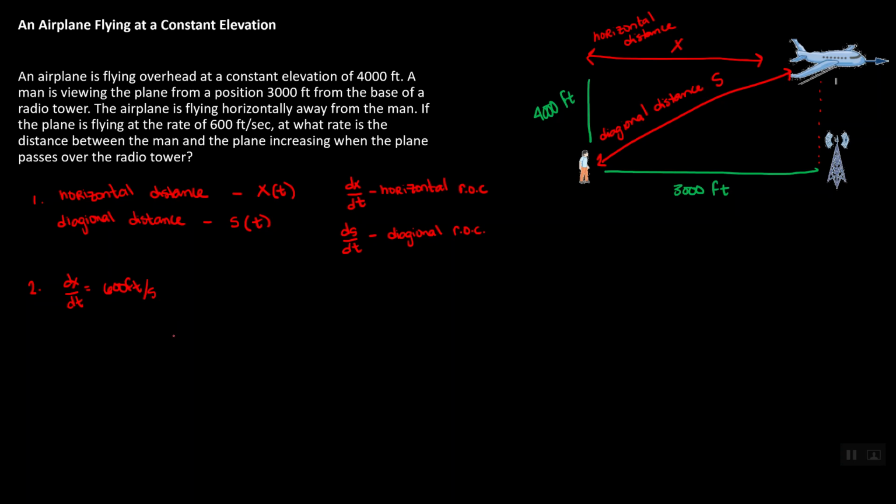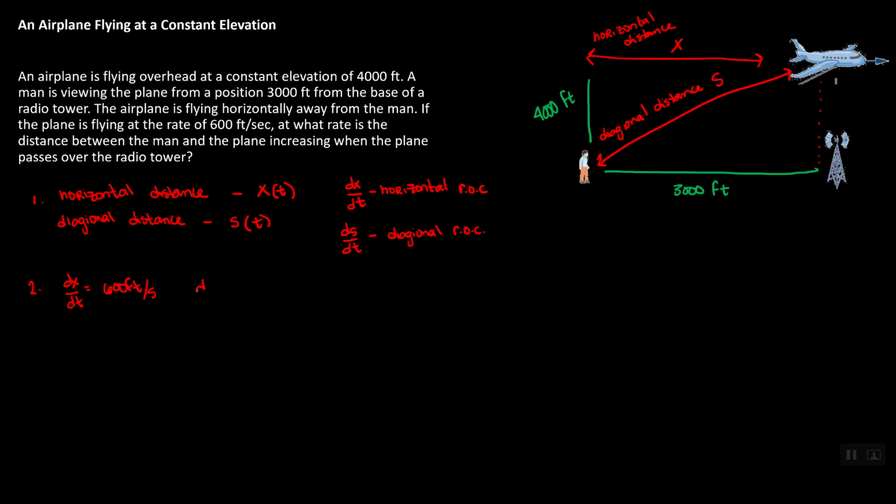We're asked, at what rate is the distance between the man and the plane increasing when the plane passes over the radio tower? Notice that if we're looking at distance in the sense of direct distance, not just horizontal, then we're really asking about this diagonal distance between the man and the plane.